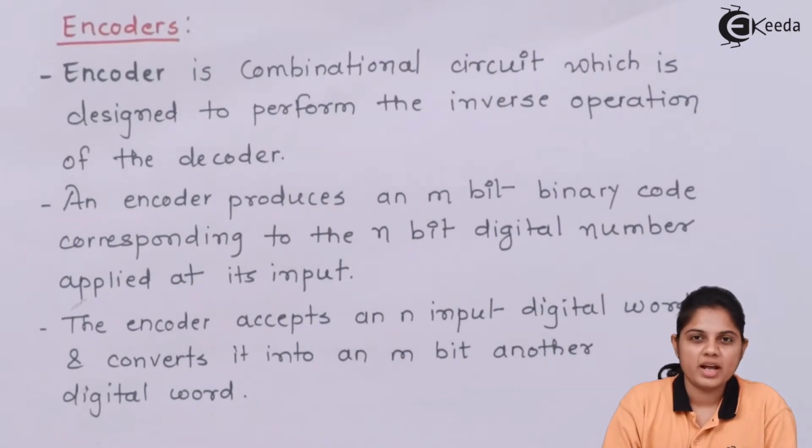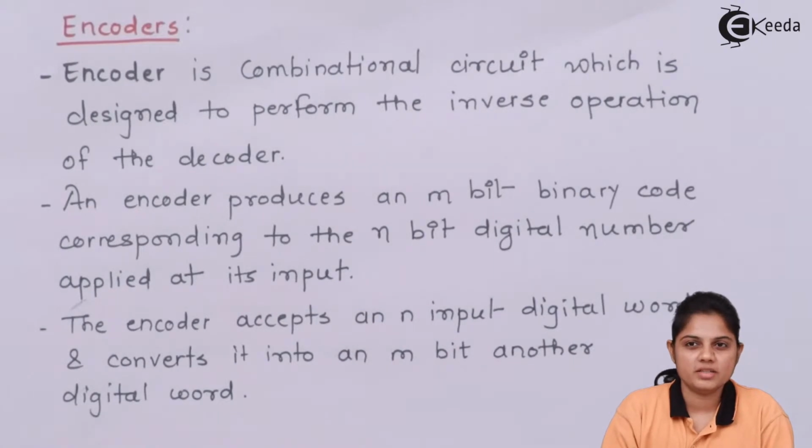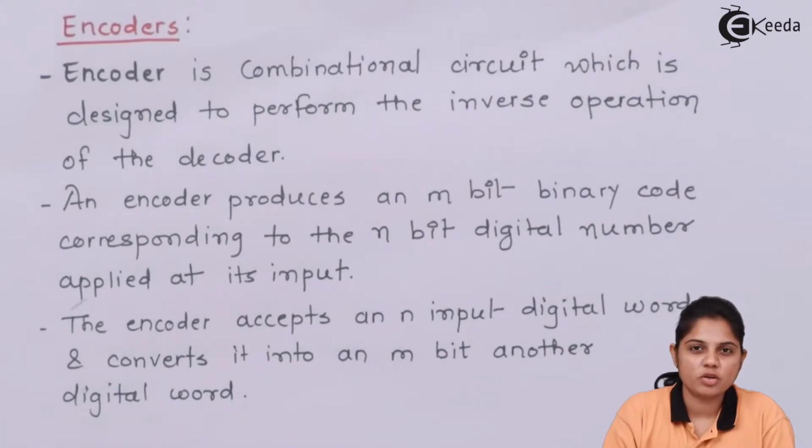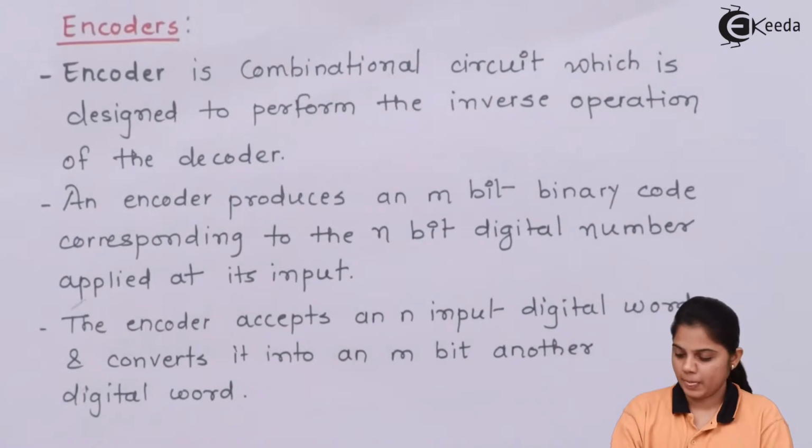To encode the data, different types of encoders are available. First we will see what exactly an encoder is, what different types of encoders are available to encode digital data, and we will see the working of each and every encoder.